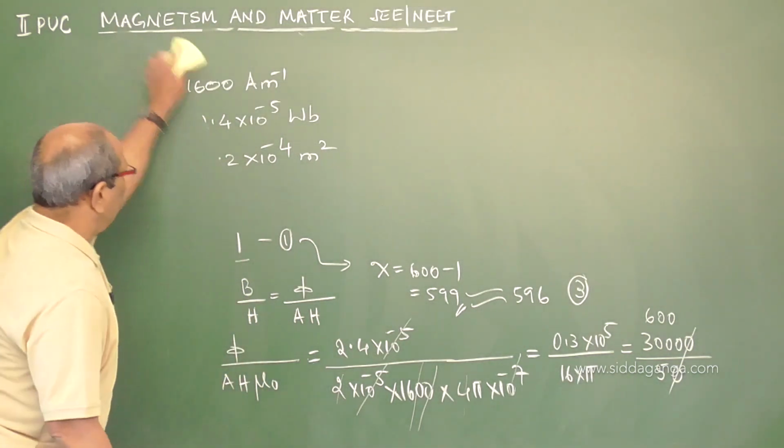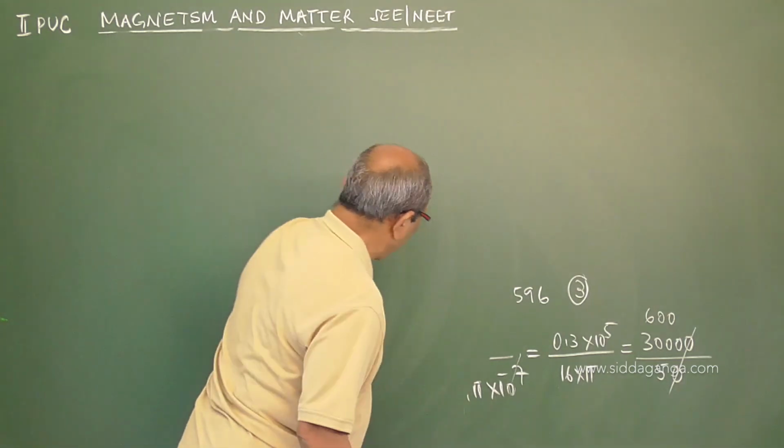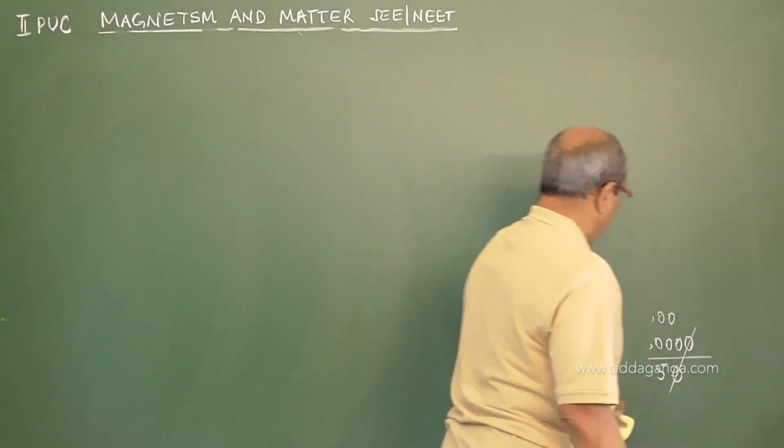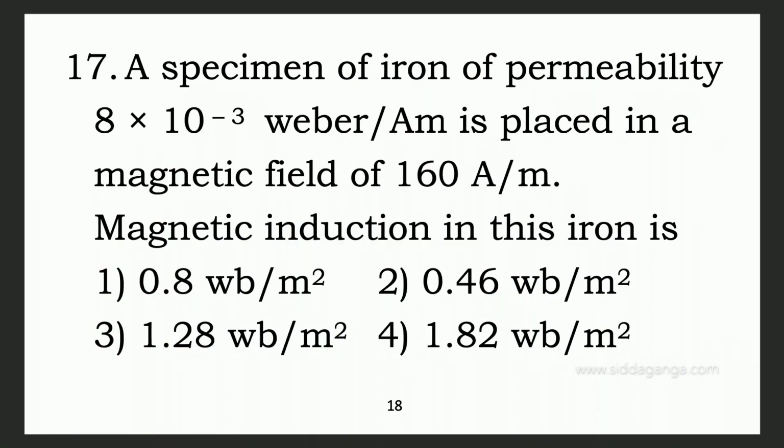Coming to the next question, question number 17. A specimen of iron of permeability 8 into 10 power minus 3 Weber per ampere meter is placed in a magnetic field of H equal to 160 ampere per meter.